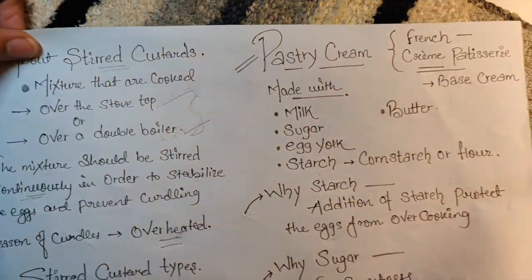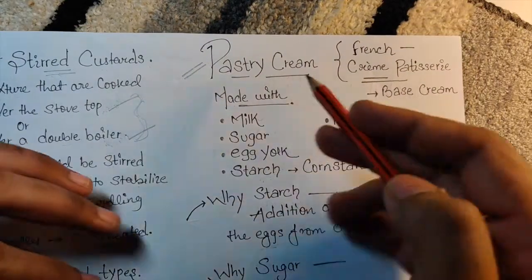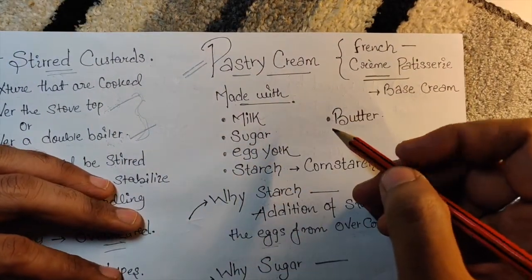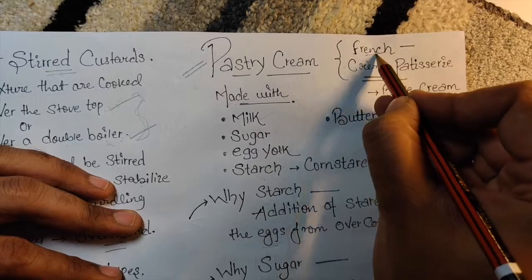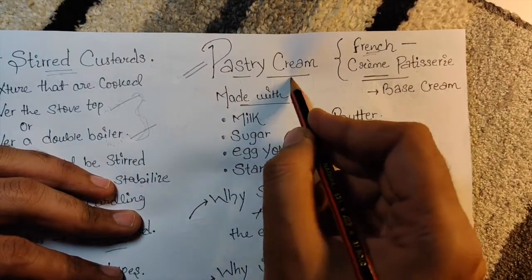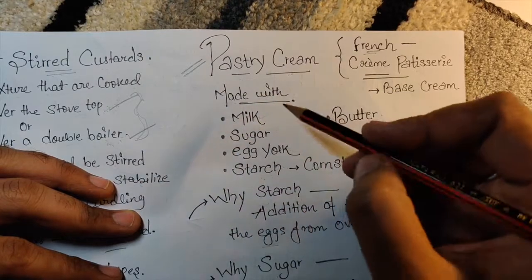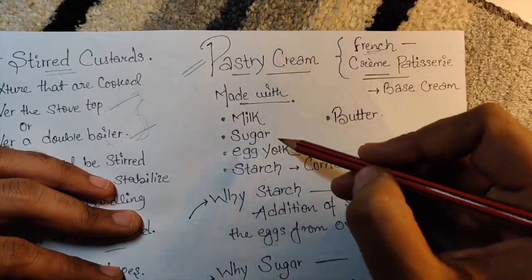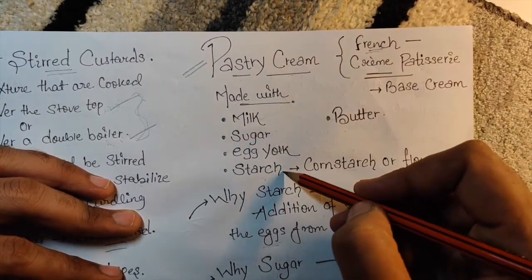Let's understand the pastry cream. First of all, in French it's called crème pâtissière, meaning pastry cream, and it is made of milk, sugar, egg yolk and starch.